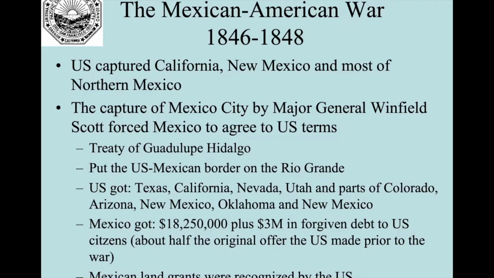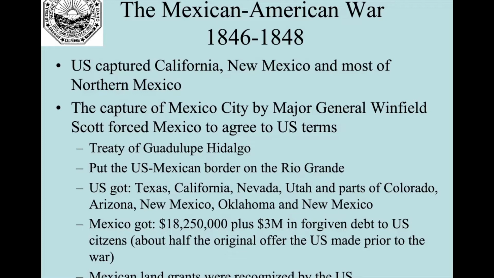That was part of the arguments prior to the war. Where did Texas end and Mexico begin? They had put it on a different river farther north. But also as part of this treaty, the United States got Texas, California, Nevada, Utah, and parts of Colorado, Arizona, New Mexico, and Oklahoma.